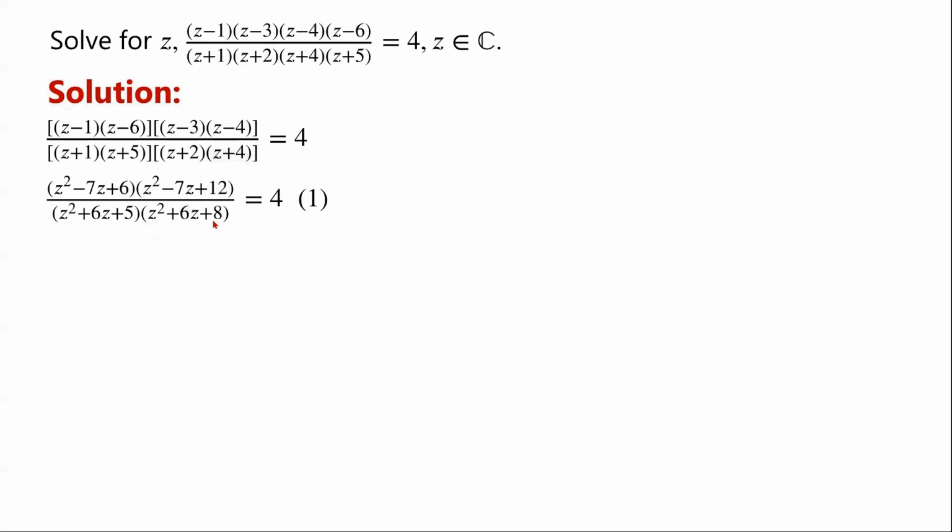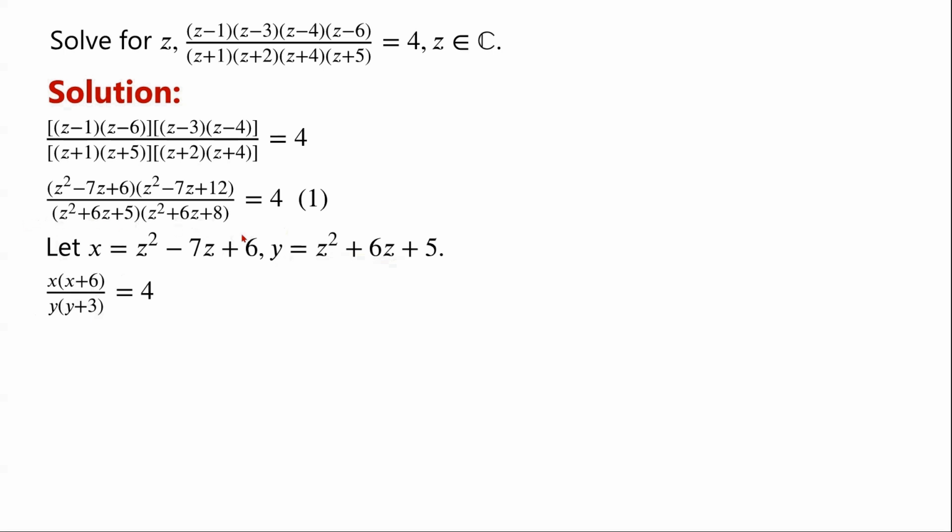To simplify the expression, we perform a substitution. We let x equal z squared minus 7z plus 6, and we let y equal z squared plus 6z plus 5. Using these substitutions, equation 1 can be rewritten as x times x plus 6, divided by y times y plus 3, equals 4.